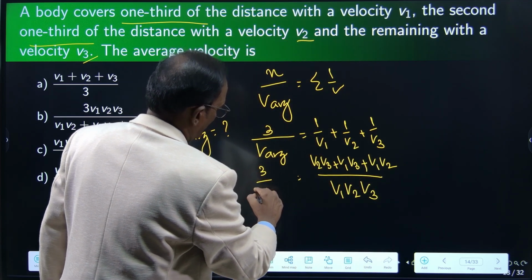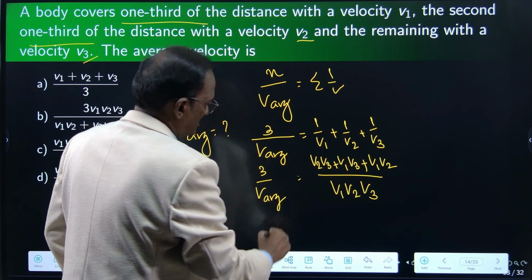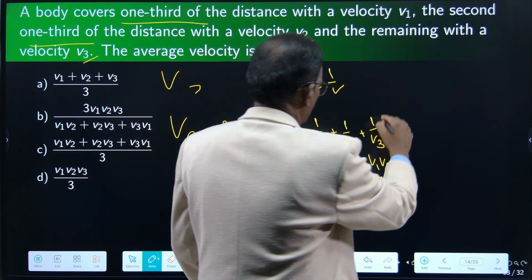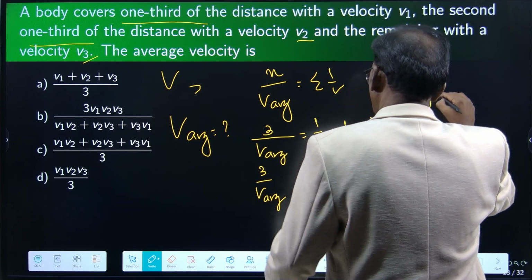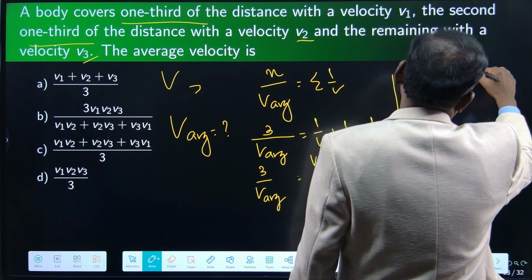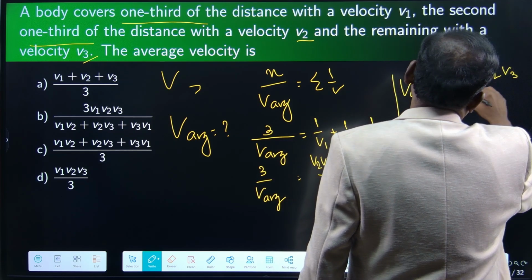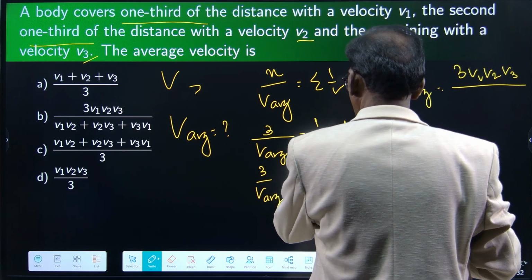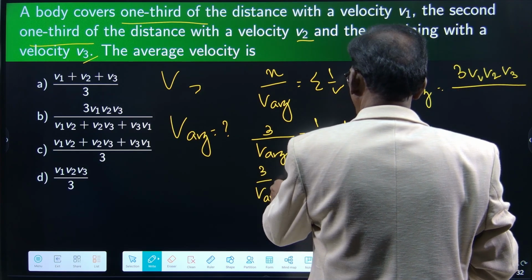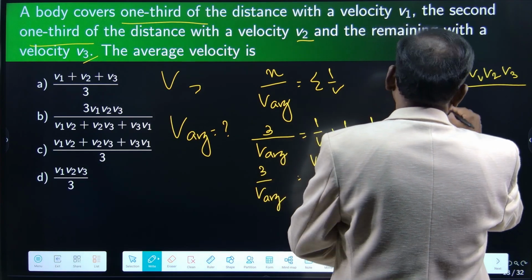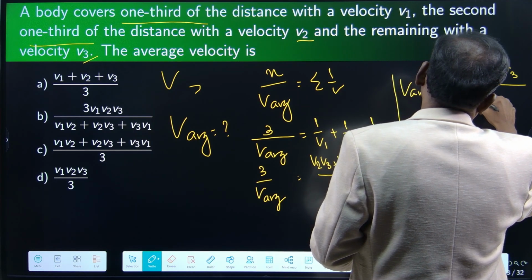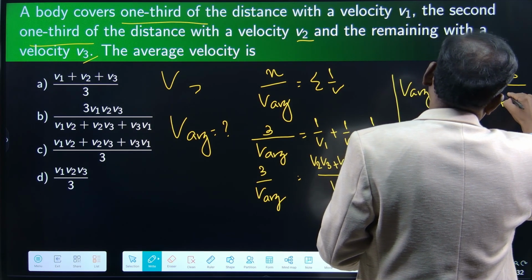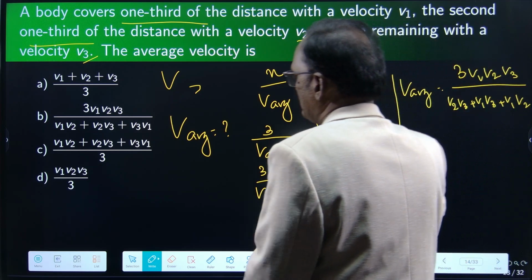This is 3 divided by V average. Cross multiply it. V average is equal to 3 into V1 V2 V3 divided by V2 V3 plus V1 V3 plus V1 V2. This is the answer.